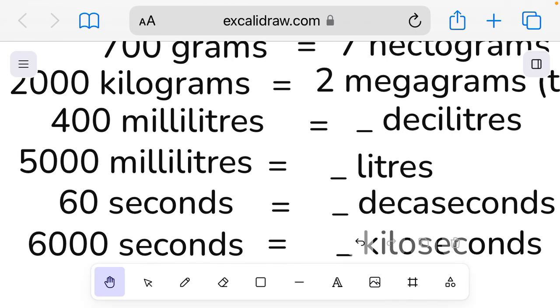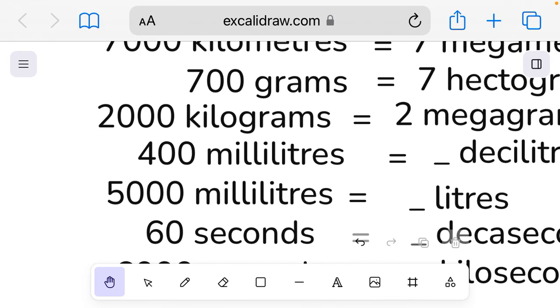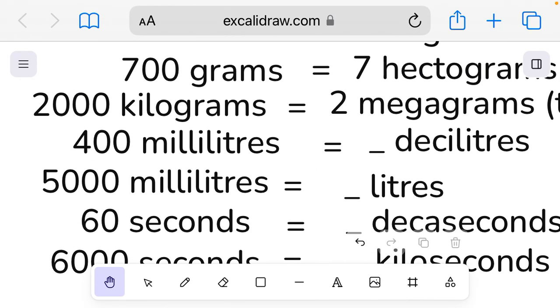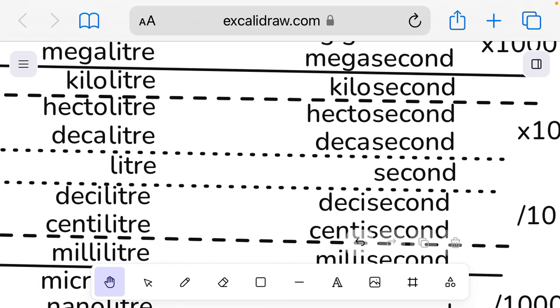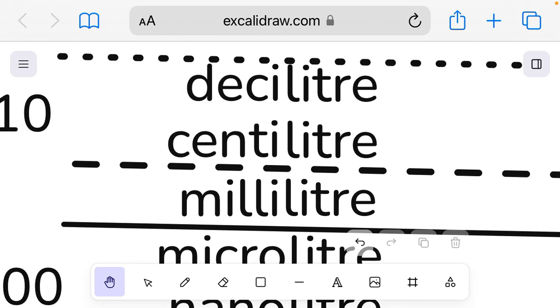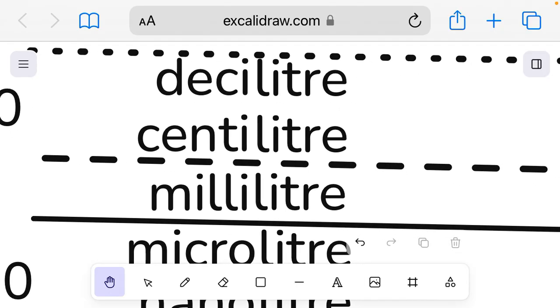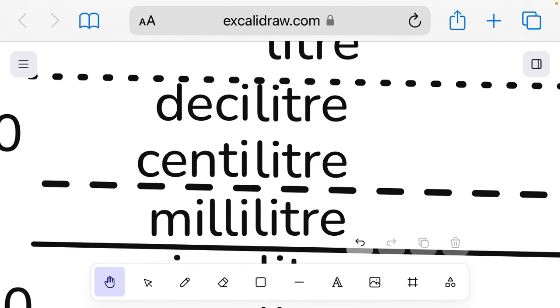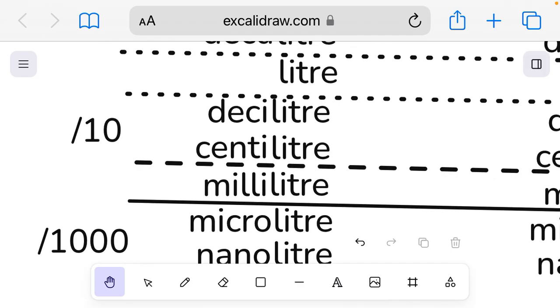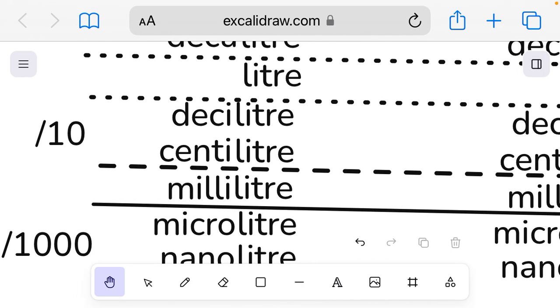But we have to convert milliliters to deciliters. So check the chart. Milliliter is twice below deciliter. Milliliter is 1,000 times smaller than the base, and a deciliter is 10 times smaller.